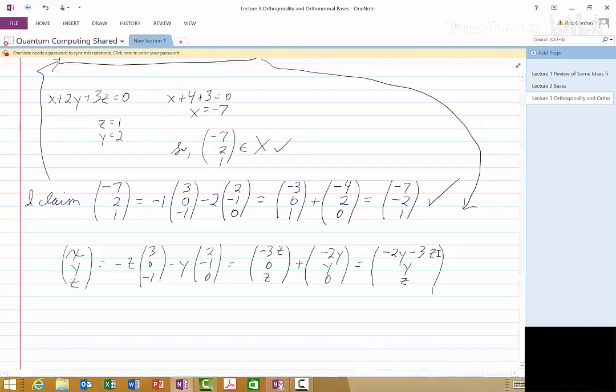But keep in mind that this vector here was chosen to be an arbitrary vector in X. And what does that mean?